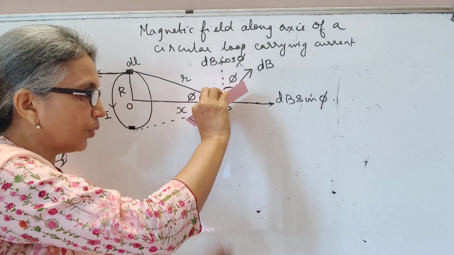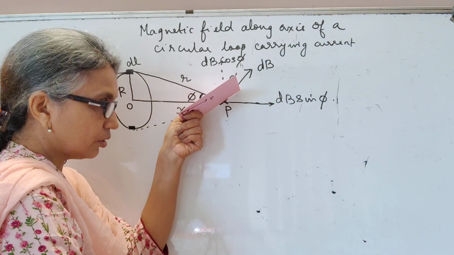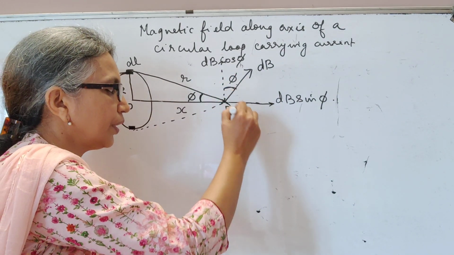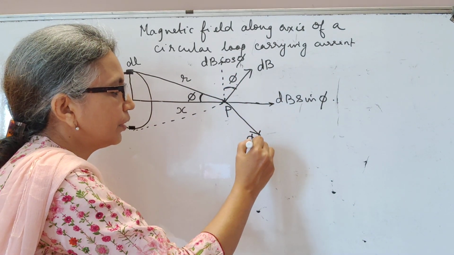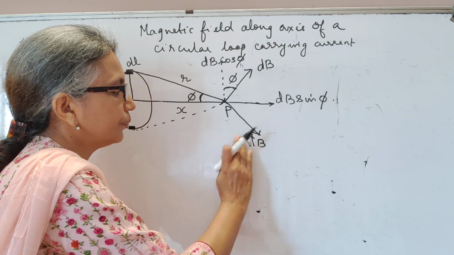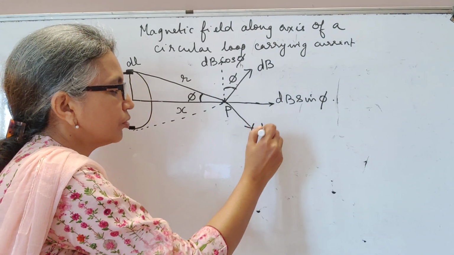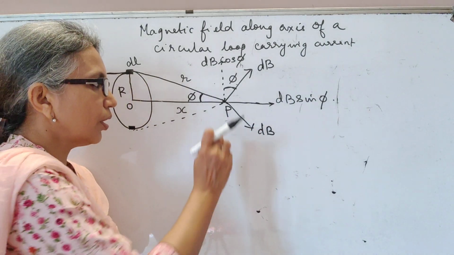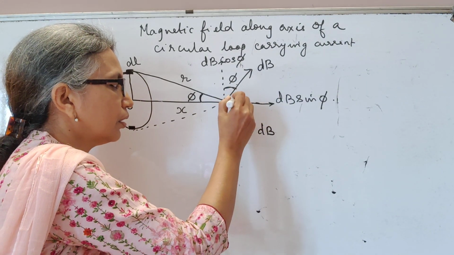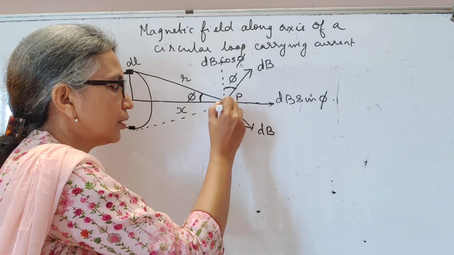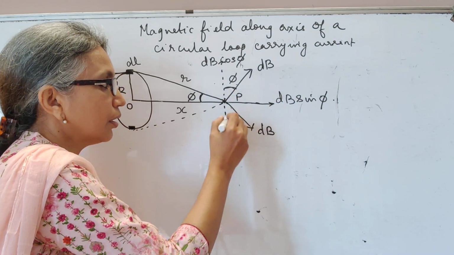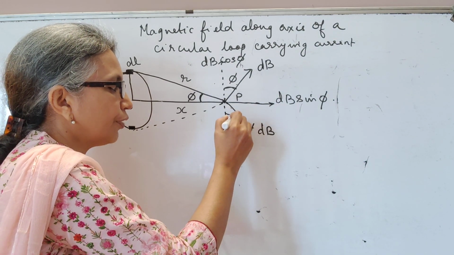So to this plane, we have the perpendicular drawn. So we will have dB perpendicular to that plane here. Okay. So I can now take this component, which is, if this is phi, this is also phi.